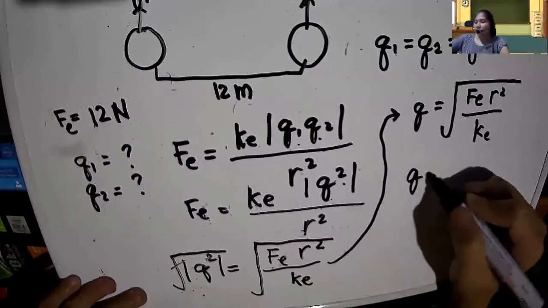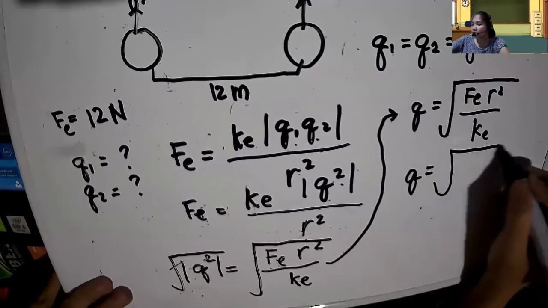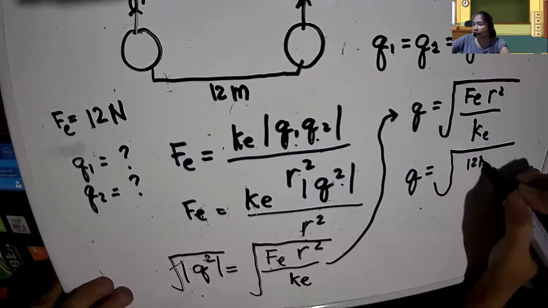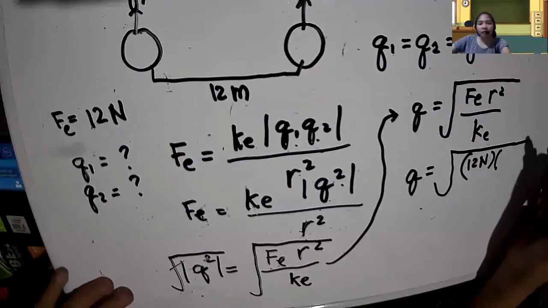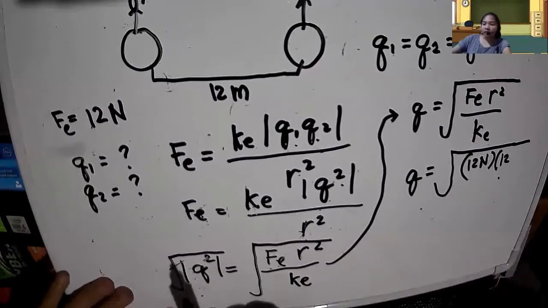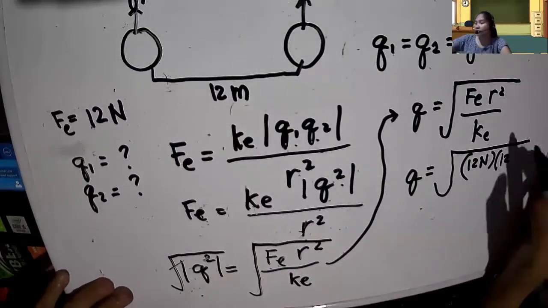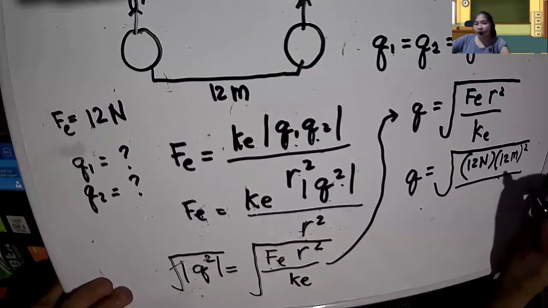And so Q, substituting the values: the square root of 12 Newton times our r, which is 12 meters, squared, all over Ke.